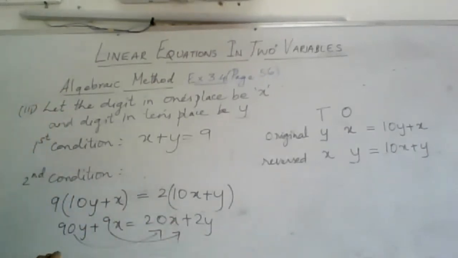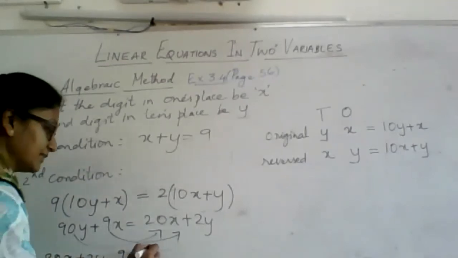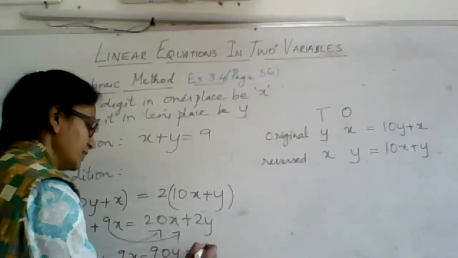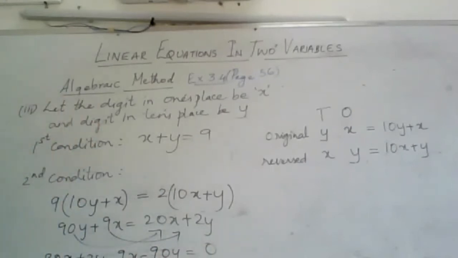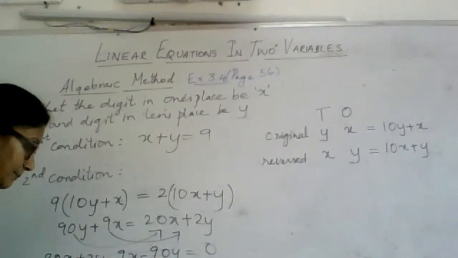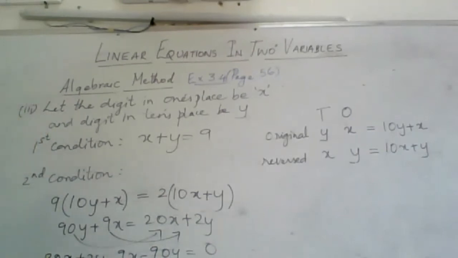It will be 20x plus 2y minus 9x minus 90y equals 0. So that will become 20x and you have a minus 9x. 20 minus 9, it will be your 11x. Then you have negative 90y, positive 2y.